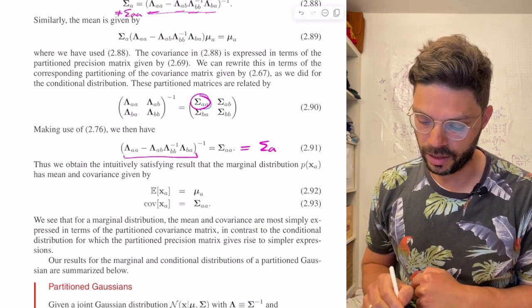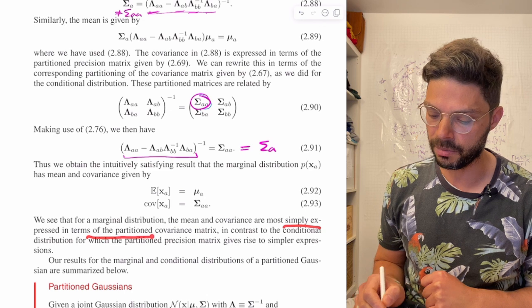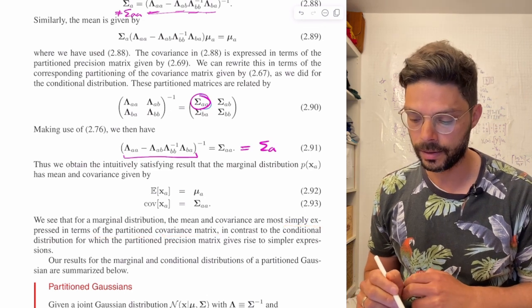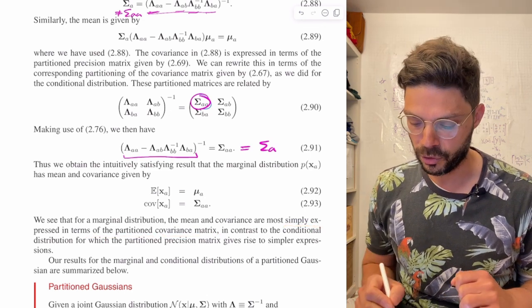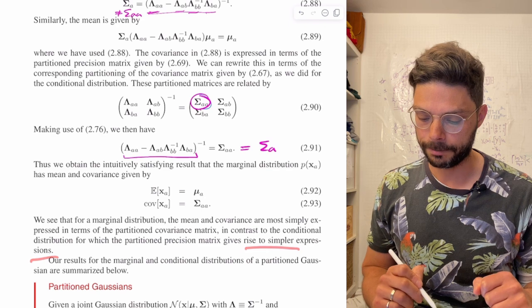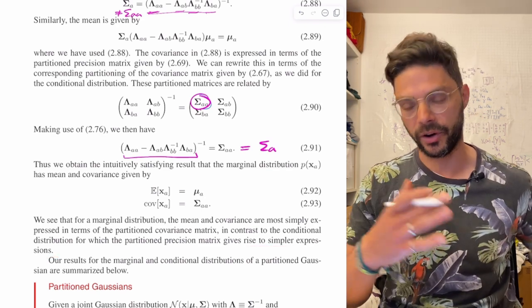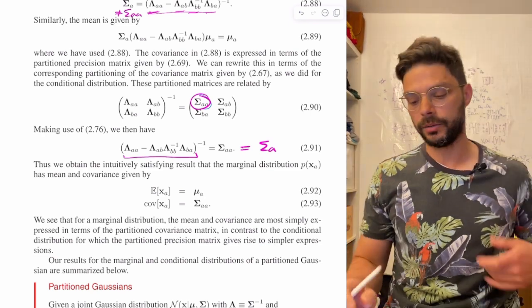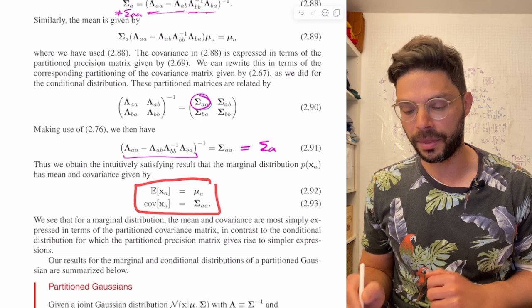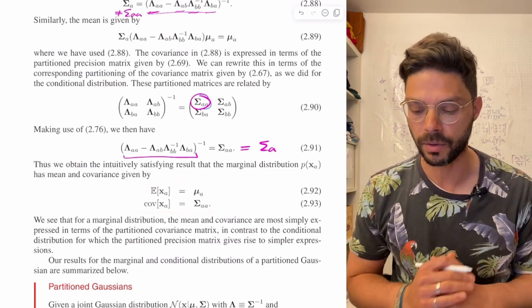Okay, so we see that for a marginal distribution, the mean and covariance are most simply expressed in terms of the partitioned covariance matrix. In contrast to conditional distributions, for which the partitioned precision matrix gives rise to simpler expressions. All he's saying is that, as we already saw in the last section, we get a simpler expression if we think about the marginal distributions in terms of the covariances and the means that we're given.